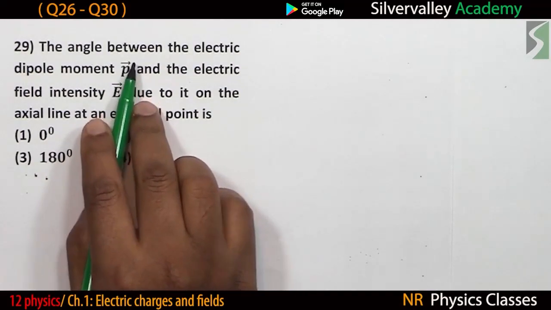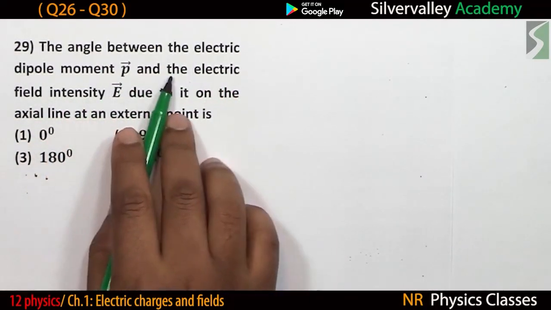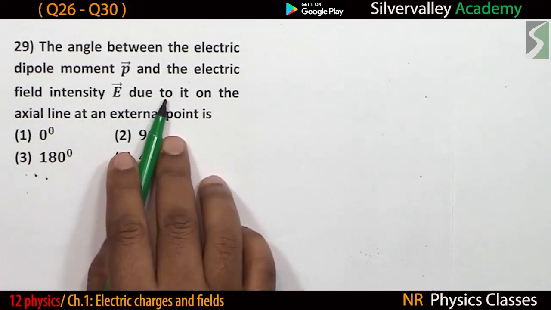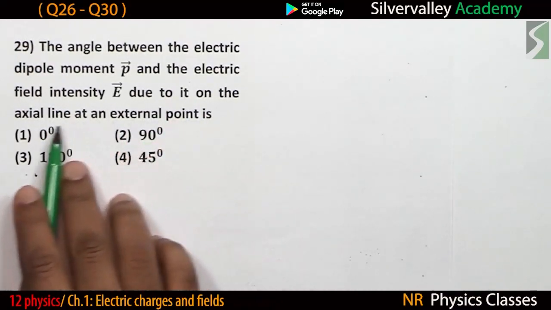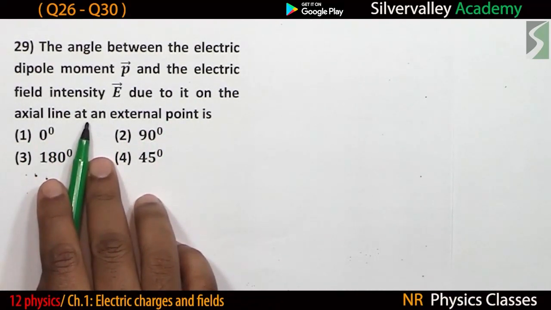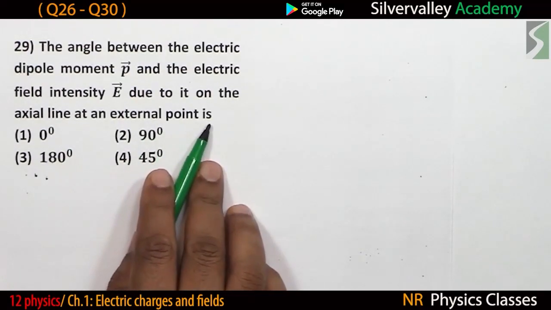The angle between the electric dipole moment and the electric field intensity due to it on the axial line at an external point is?